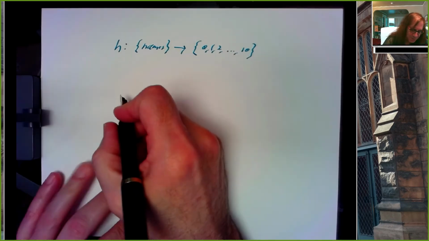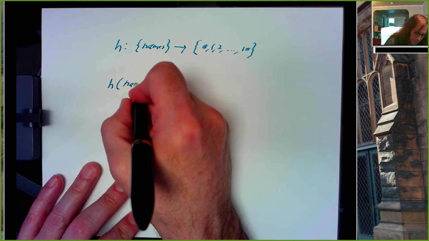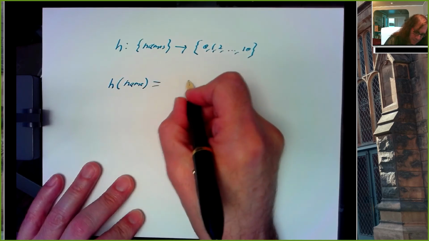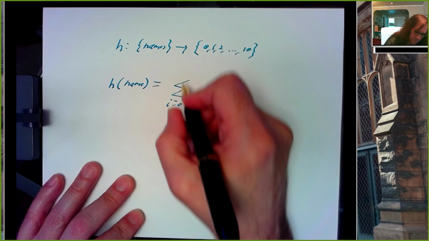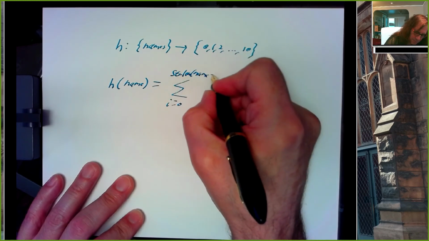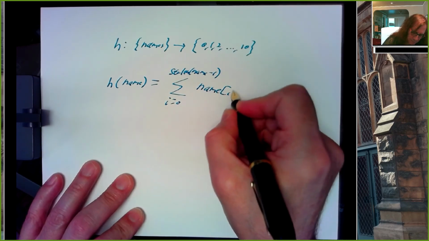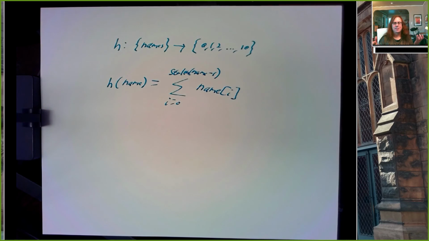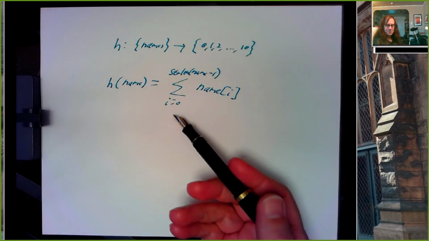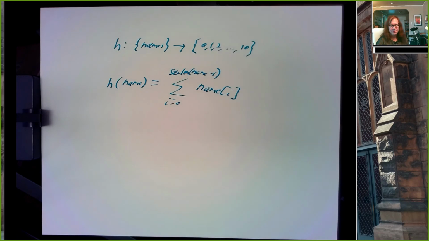So here's a sample hash function. Let's just add up the letters in the name we're looking for. So we'll do a summation from element 0 to the last element, string length of name minus 1.